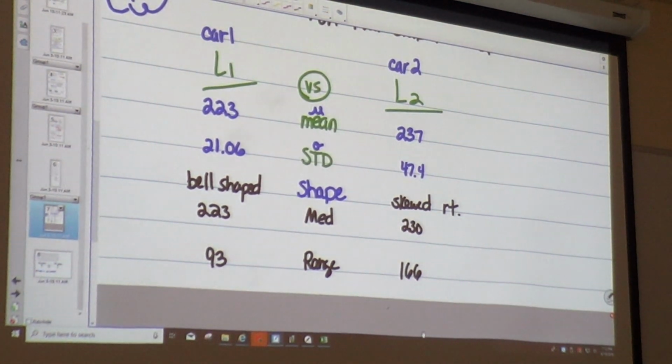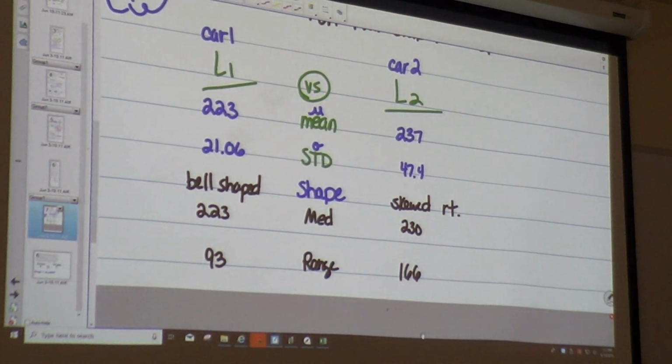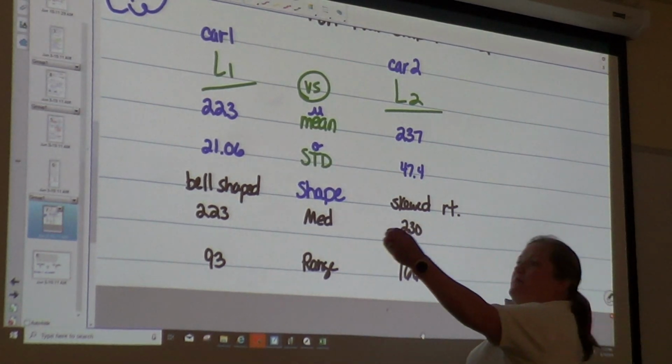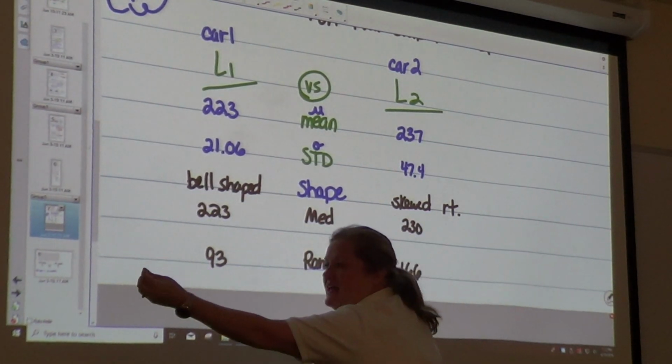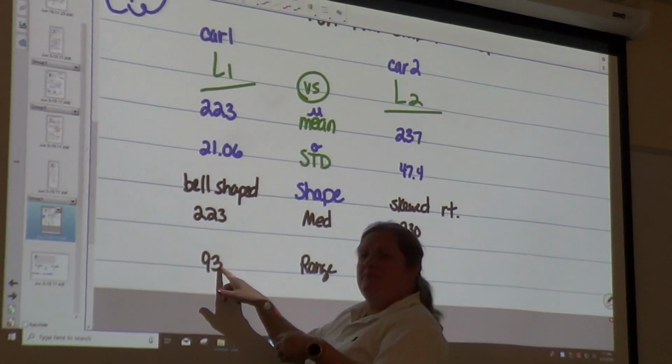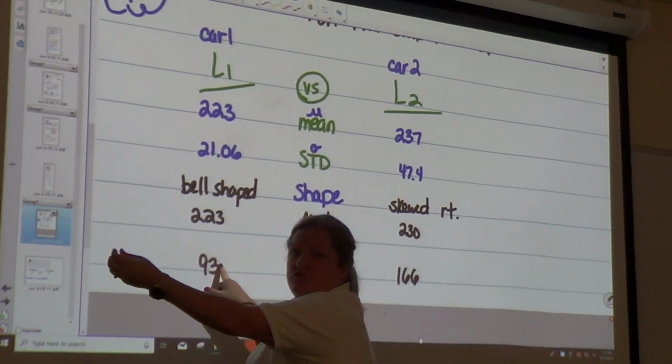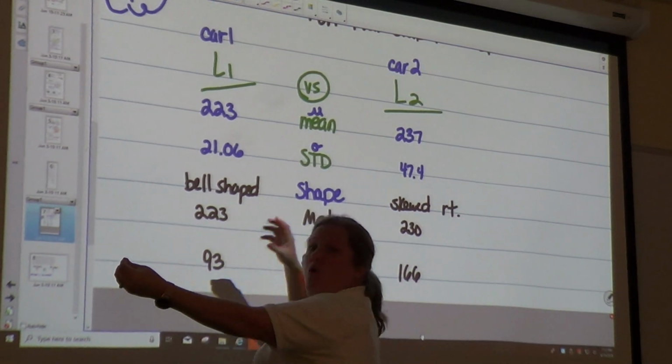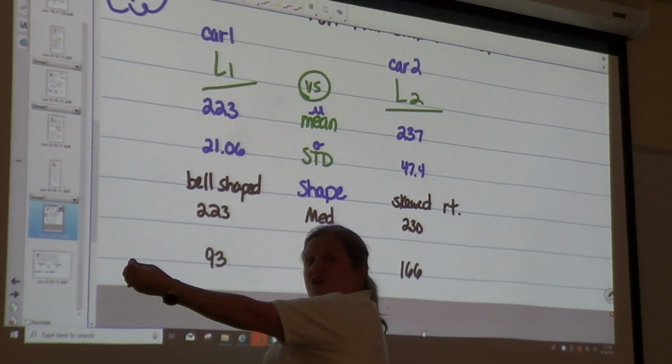So what does the range tell us in this? The range tells you what separates the least amount of gas mileage from the highest gas mileage. So for this car, it may have gone 200 miles on 10 gallons of gas, or it may have gone 293 miles on 10 gallons of gas.